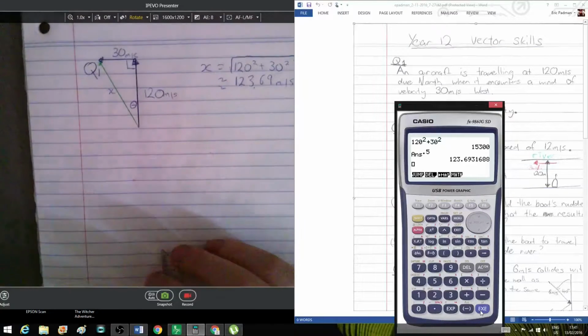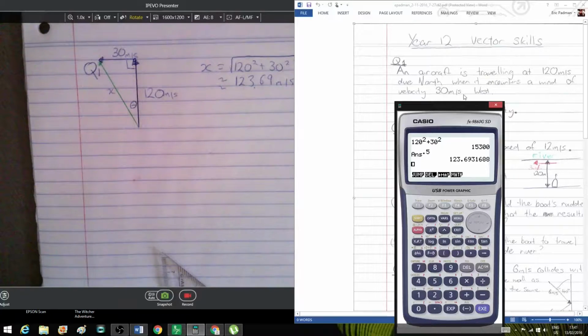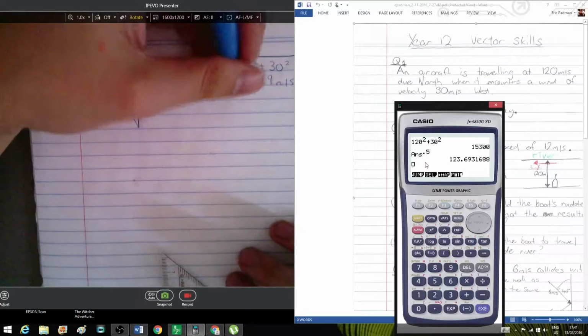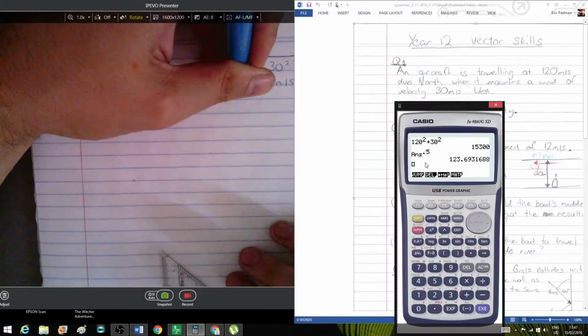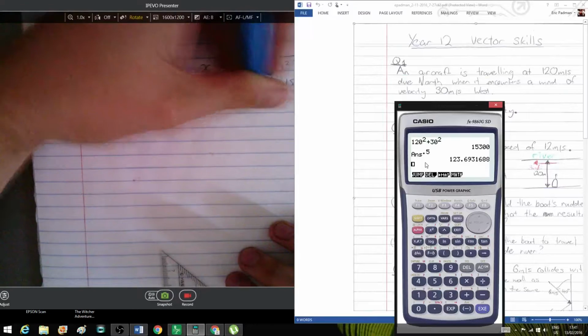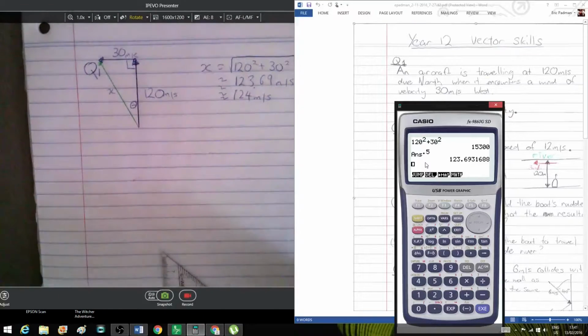In this question, I've got things to 2 significant figures, so I think I should round this to 3 significant figures. So 124, I think, is appropriate for this.